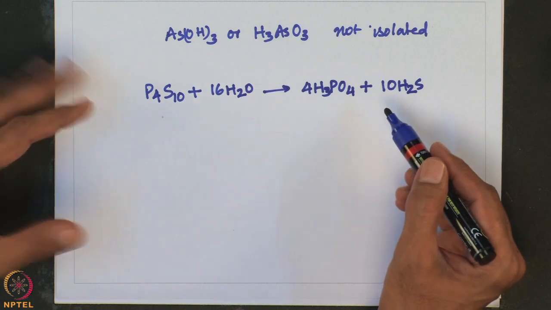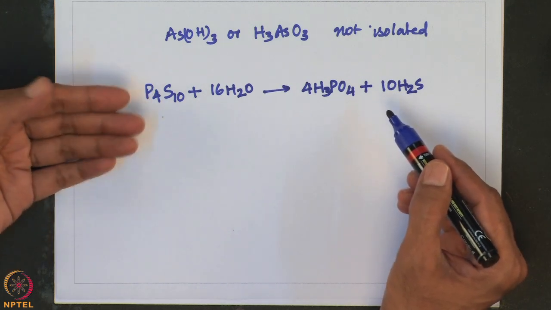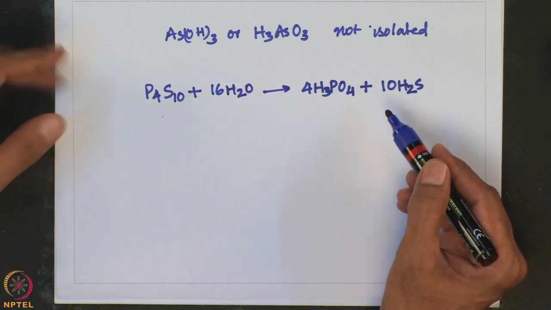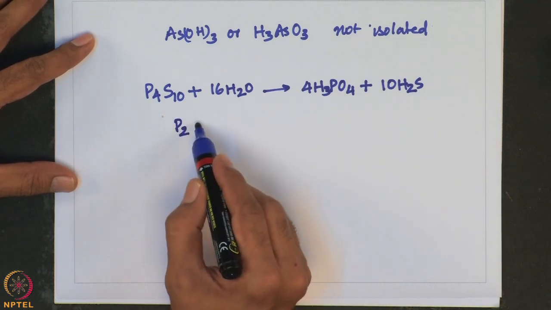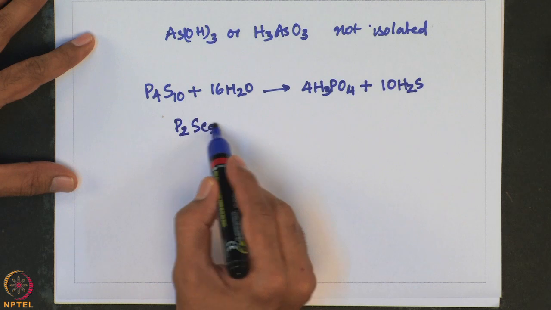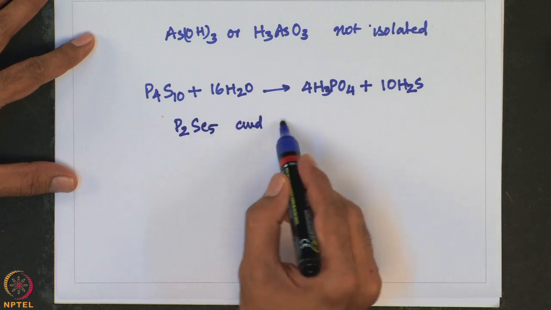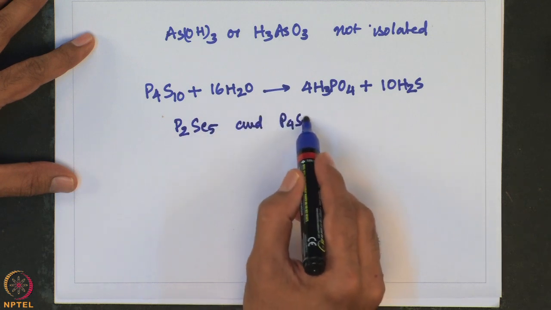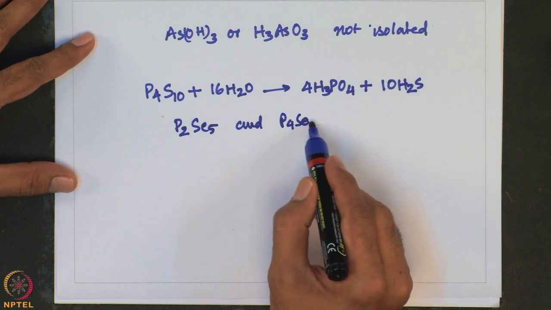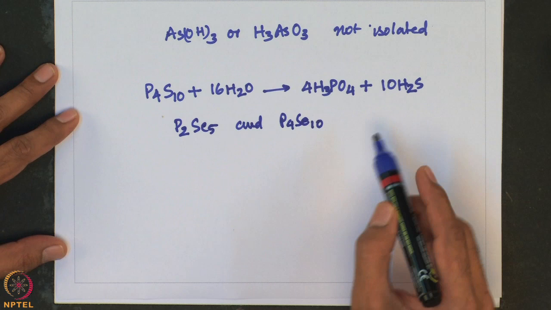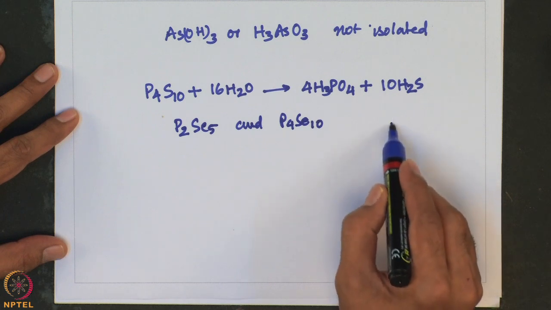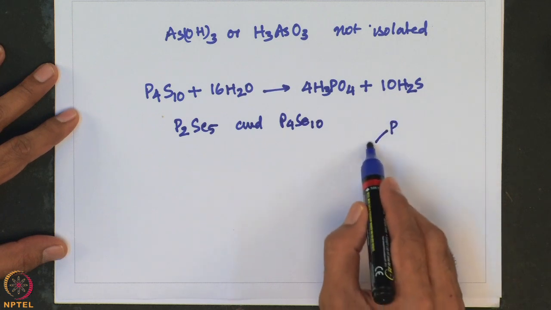Similar to phosphorus sulfides, phosphorus selenides are also known. For example, P2Se5 and P4Se10 are known, and the P2Se5 structure can be written in this fashion.